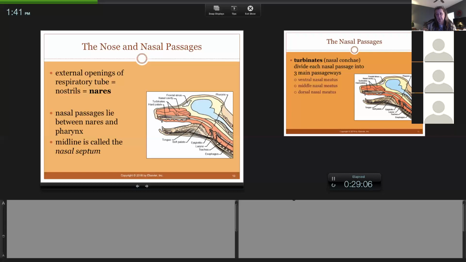With a normal respiratory infection, you should see discharge from both nostrils. If it's infecting the whole respiratory tract, it's going to affect both sides, and we should see bilateral, both side nasal discharge.